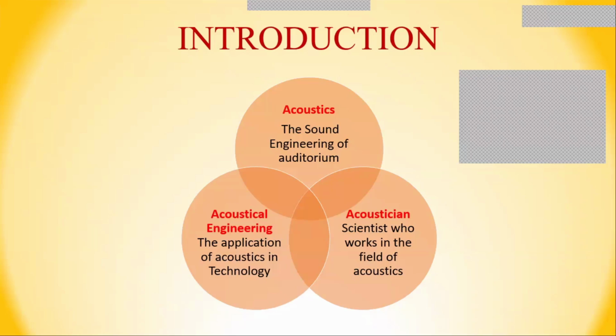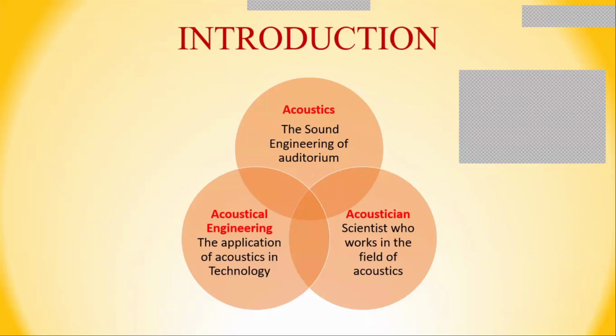So in the multiplexes, all these things are taken care of. The total number of chairs present inside the room and their area are considered, because chairs are also absorbers. Windows are reflecting surfaces, so the area of the reflecting surfaces is considered. The number of audience sitting inside the multiplex are also absorbers.